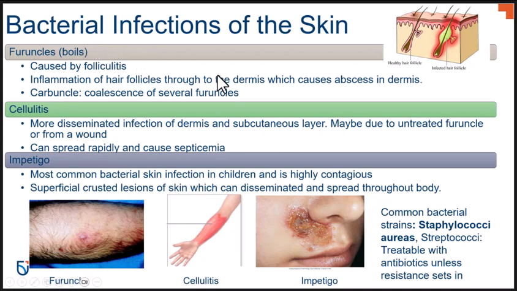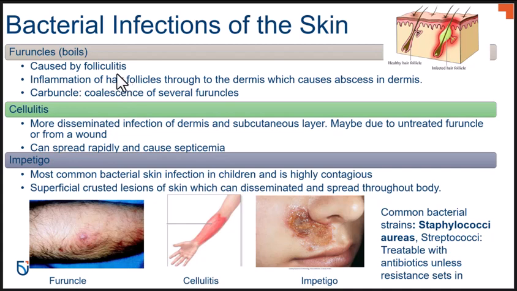We're going to look now at bacterial infections of the skin, looking at furuncles or boils, which I mentioned earlier in this lecture, cellulitis, and impetigo. Furuncles involve inflammation of the hair follicle that leads to quite an infection. It can start off as folliculitis, whether it's a follicle on the face that becomes acne vulgaris, as mentioned earlier, or somebody can just have folliculitis, inflammation of the hair follicle on their arm, and they try to pop it.